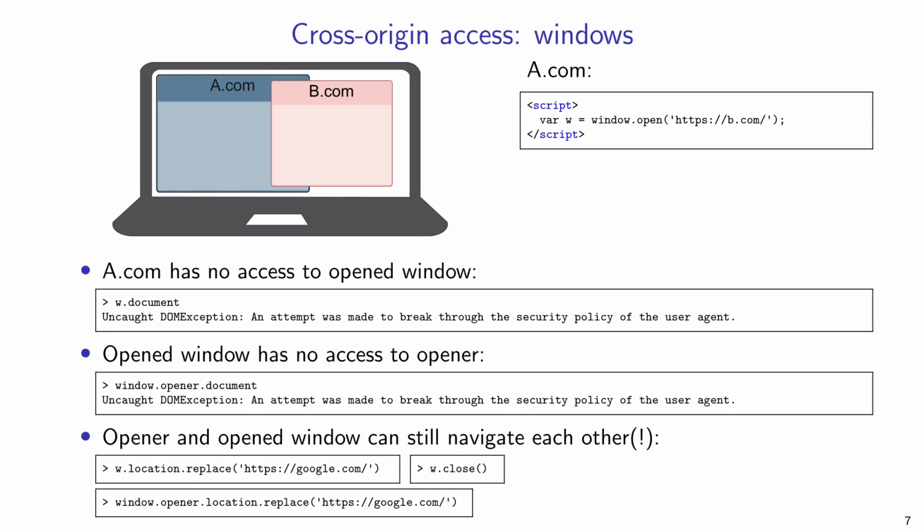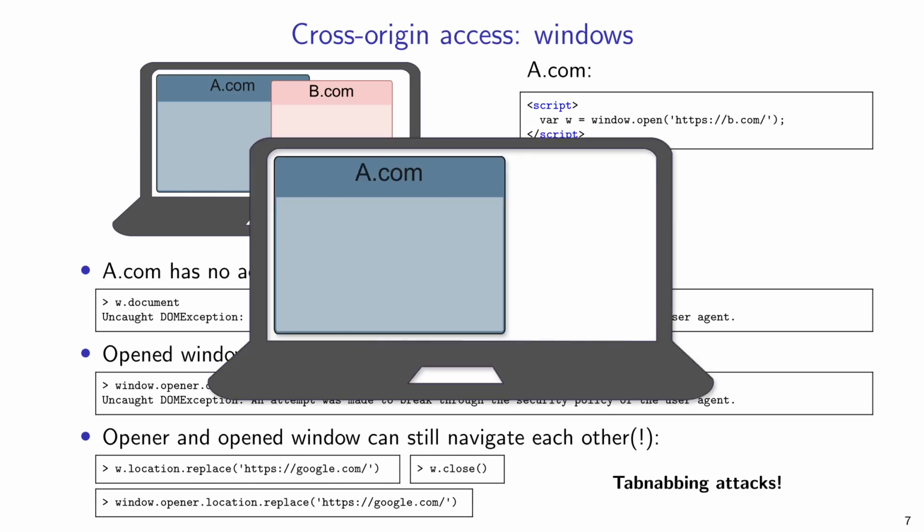Now, compared to the cross-origin frames, this security issue here is more severe, as it can be used in so-called tabnabbing attacks. This would be a type of phishing attack where a malicious website A.com opens a window to some legitimate website B.com, but after some delay redirects the B.com window to a phishing website C.com that mimics the appearance of B.com.